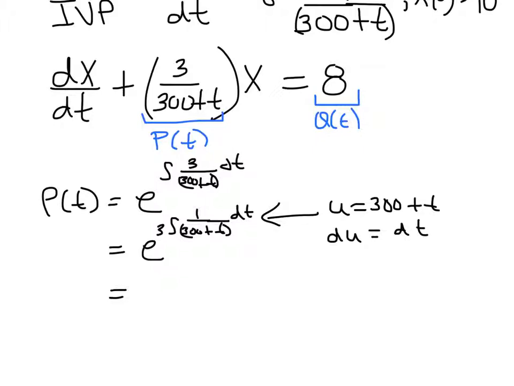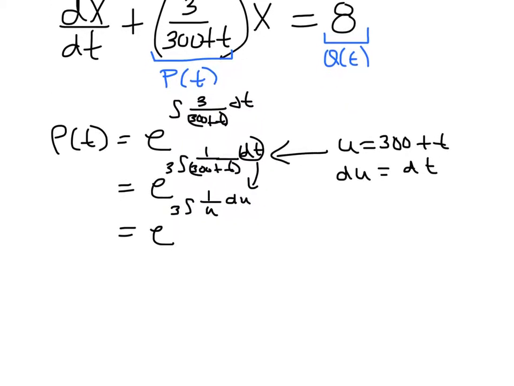So if we substitute our expression back into our integral, we have e to the 3 times the integral of 1 over u du. And this is nice.